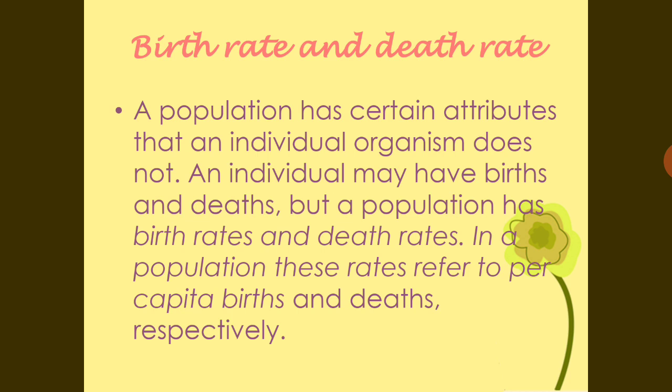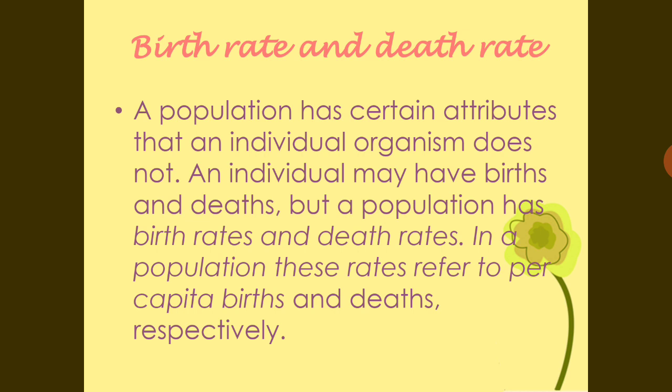A population has certain attributes that an individual organism does not. An individual may have birth and death also, but a population has a birth rate and death rate. In a population, these rates refer to per capita birth and death respectively.